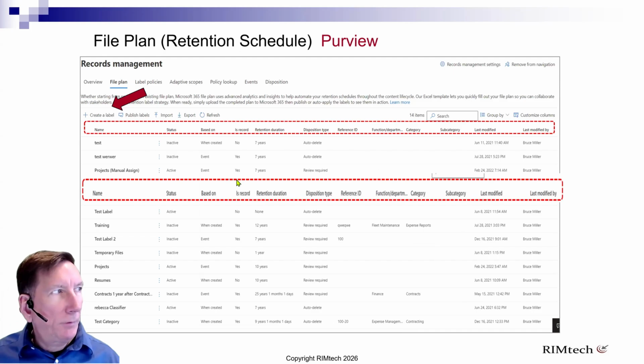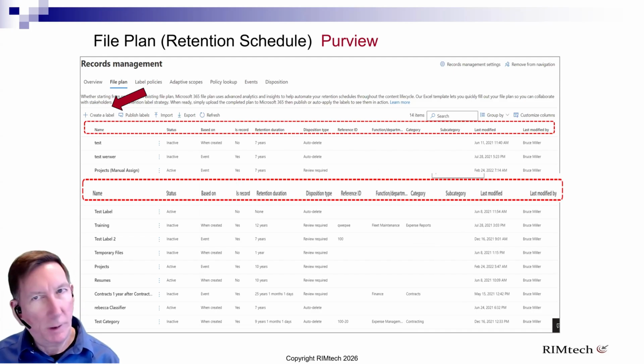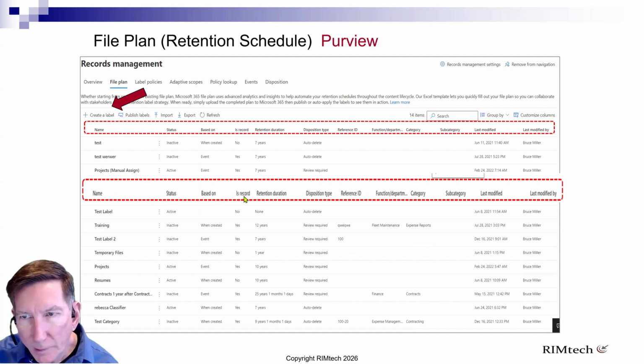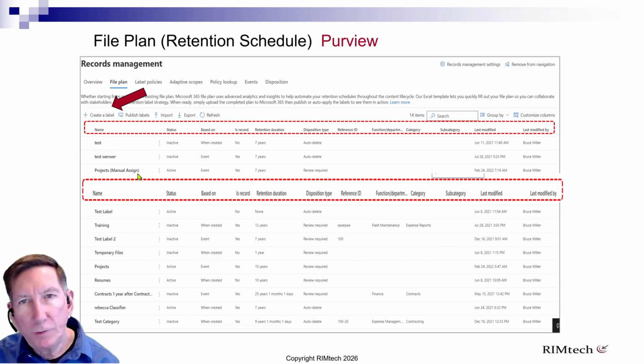Now, not favoring any one of the 5 products, believe me, I'm not, but this is an example from Microsoft's Purview. This is what the retention schedule looks like inside Purview. And as you can see from these headings, it's not what we're used to. Okay, it's close, but not quite the same. So every one of these 5 software products has a different requirement and structure for the retention schedule.